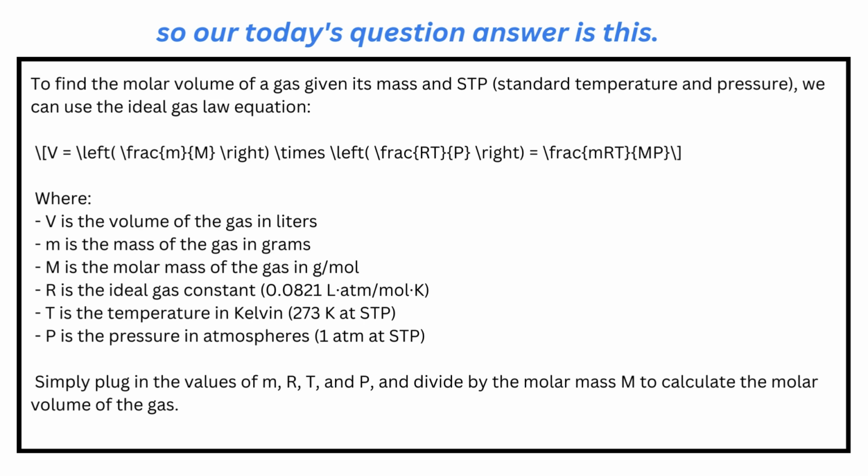We can use the ideal gas law equation: V = (m/M) × (RT/P), where V is the volume of the gas in liters, m is the mass of the gas in grams, M is the molar mass of the gas in g/mol, R is the ideal gas constant 0.0821 L·atm/(mol·K), T is the temperature in Kelvin, 273 K at STP, and P is the pressure in atmospheres, 1 atm at STP.